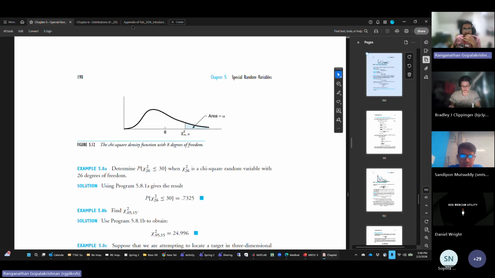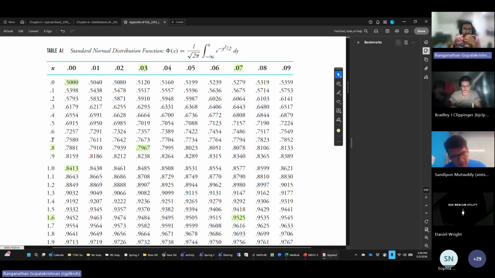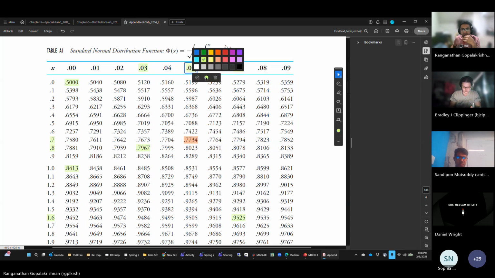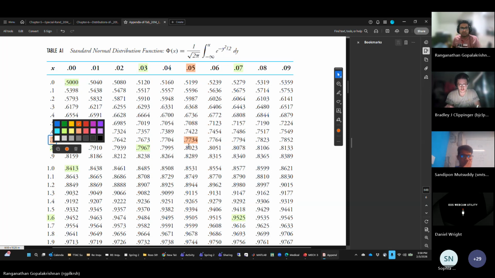So should I go to the table, go to 0.7 and then 0.75? Should I take this number? Shall we do that? Shall I take this 0.7734?